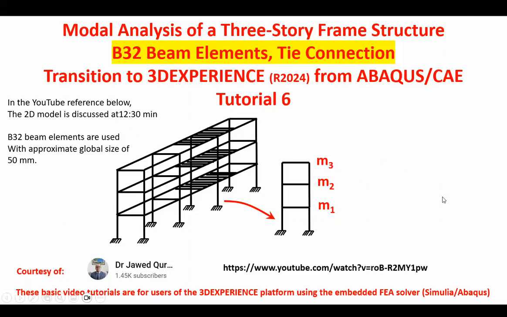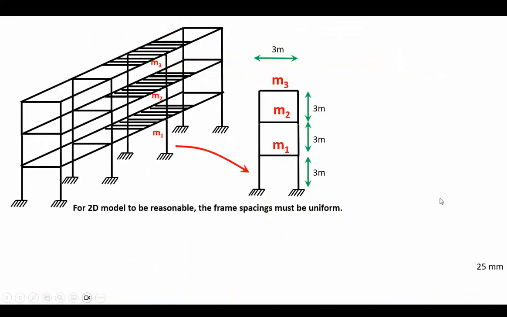There's some information here about the type of element that I'm going to be using and the size of the element when modeling it as a two-dimensional problem. The dimensions are given there, and it's assumed that the material is steel.